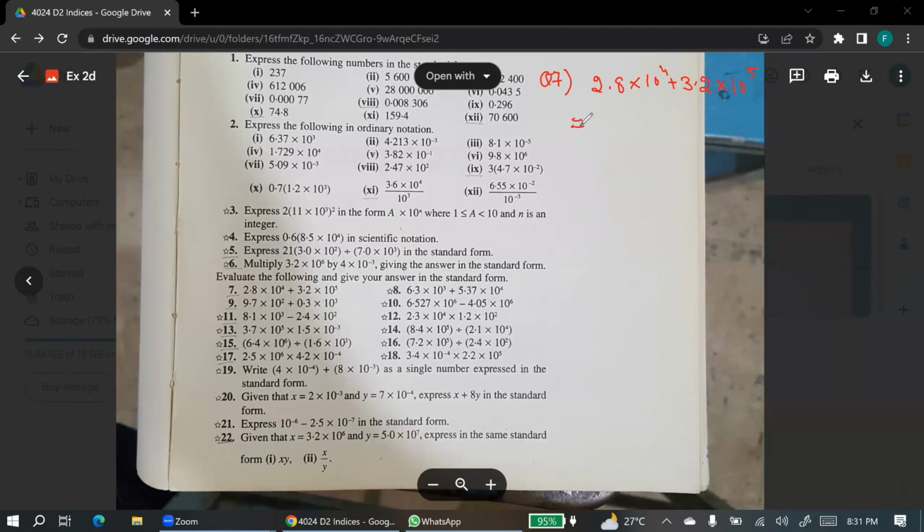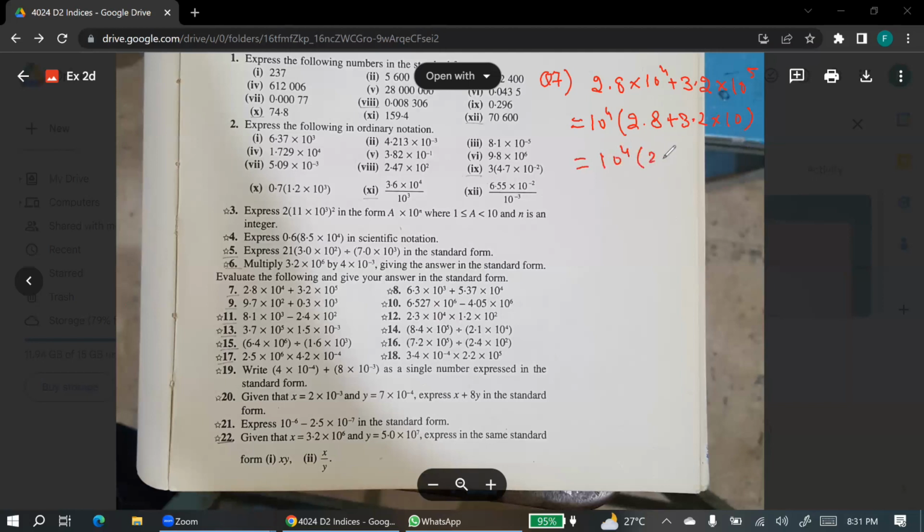Which power is smaller? 10 power 4. We will take the smaller power. Inside the brackets, we will have 2.8 plus 3.2 into 10. Is there any confusion?